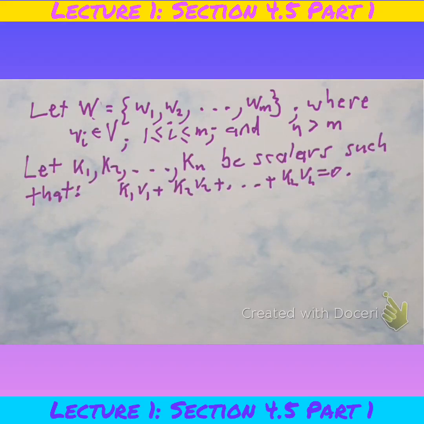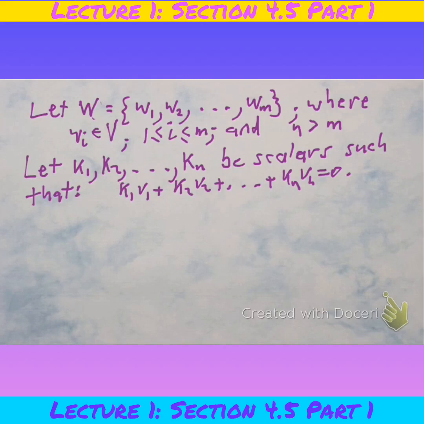Let's take n scalars, and set up the equation K1V1 plus K2V2 plus up until KnVn equals 0. Let's see what solutions we can get for these Ks.